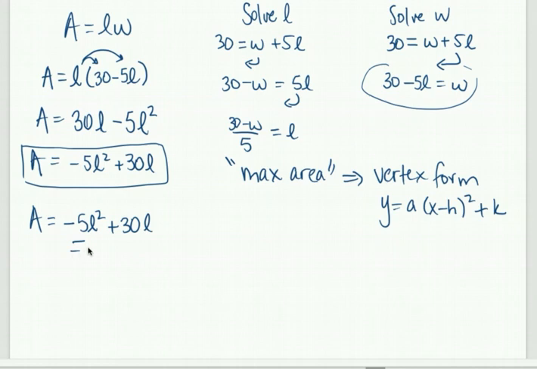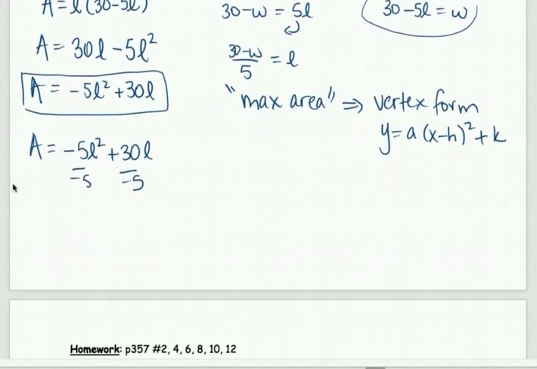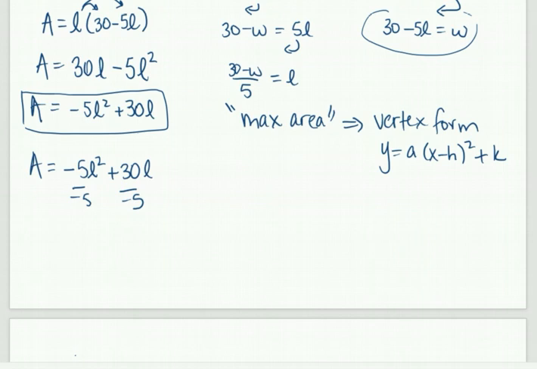Okay, so I'm going to divide the -5 away. And it's okay that we have the A here. Okay, so then take the -5 out and then just write what's left. And then you have that left there, okay?